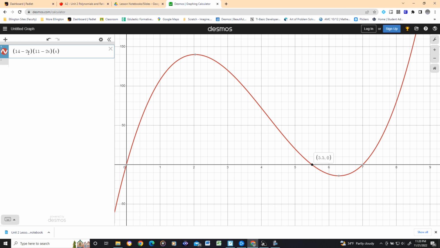So if you were to plug 6 in for x, you would get 2, and then here you'd get a negative 1, and you'd get a 6. So 2 times negative 1 times 6 is negative 12. So you get a box with a negative volume, quote unquote, because one of the side lengths is negative. Can we have a box with negative dimensions? No.